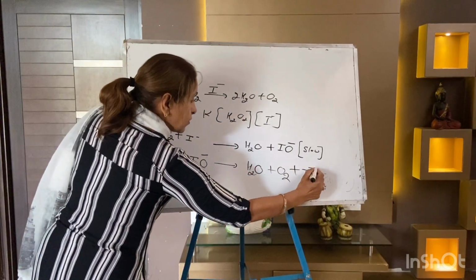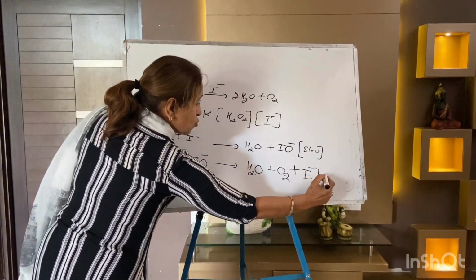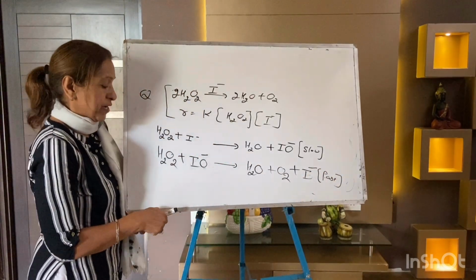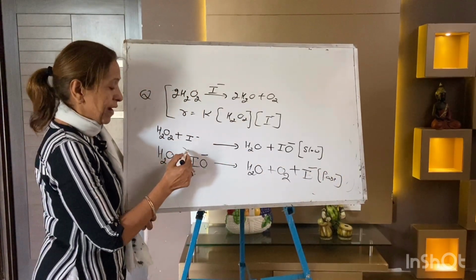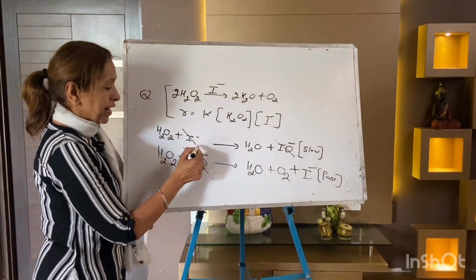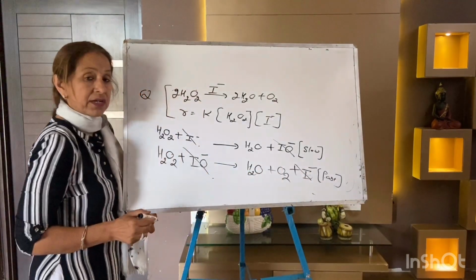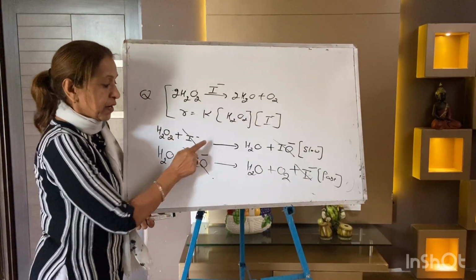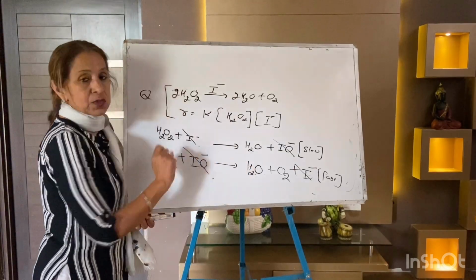Catalyst regenerated. This is the fast step. Now when you add these two steps, this IO minus cancels, your I minus catalyst cancels, and what is the overall equation? 2H2O2 arrow 2 water plus oxygen.